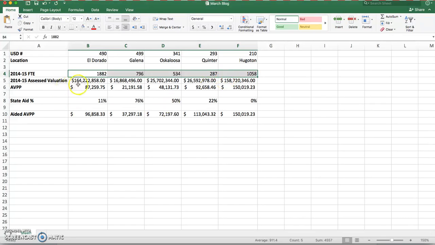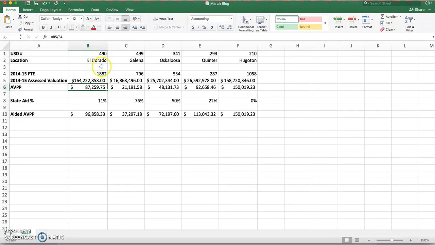And then a very simple calculation, but also a very powerful one that we use in a number of different situations, AVPP, also known as assessed valuation per pupil. So very simply it takes the assessed valuation and divides it by the number of physical heads in the district. That comes up with a calculation that we then use for a number of different things.